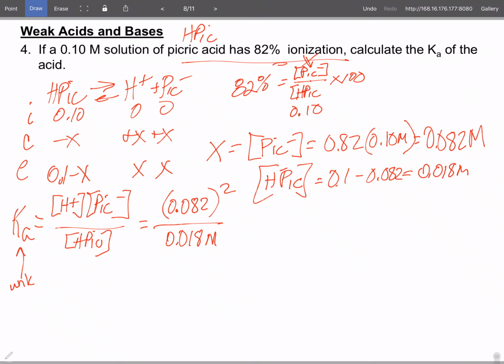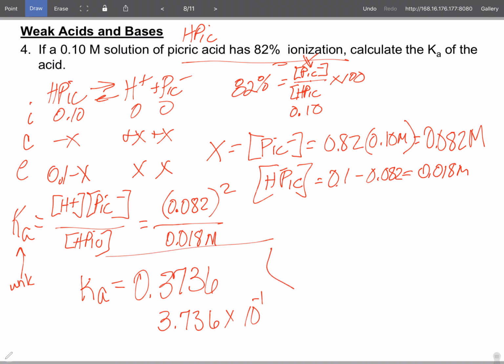So of the acids, this is actually a strong weak acid. So my Ka is equal to 0.3736. And if you wanted to write it in scientific notation, you don't have to, times 10 to the minus 1. So this means that it's pretty close to 1, which means this is a really strong weak acid.